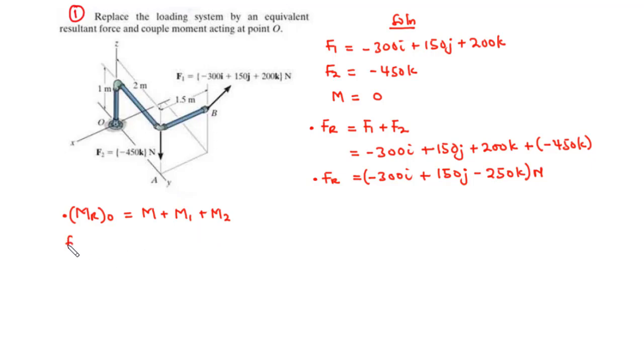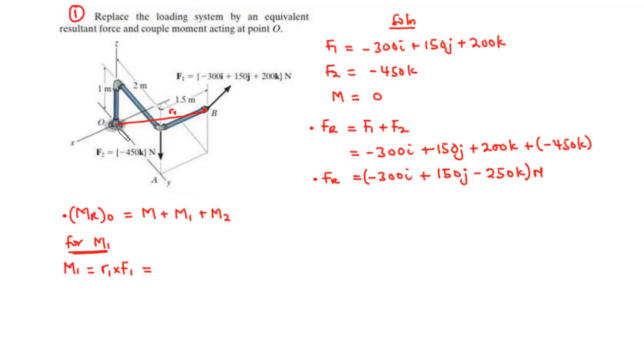For M1, that is given as the cross product of R1 and F1. Now R1 represents the position vector directed from O to the line of action of the force F1. The line of action of the force F1 passes through point B. So we are going to define a position vector directed from O to point B. So that is R1.